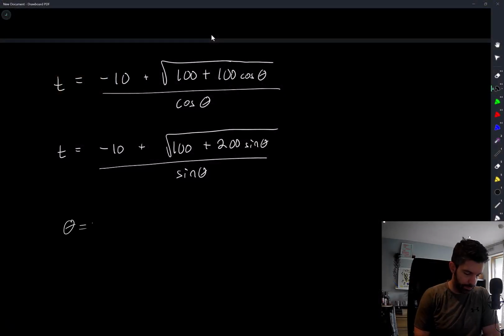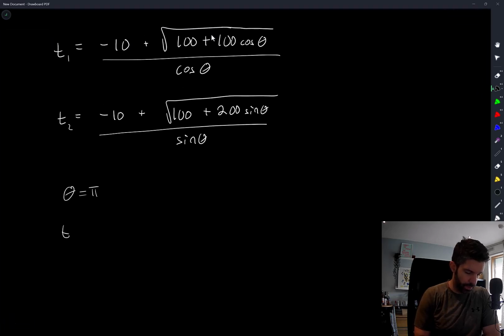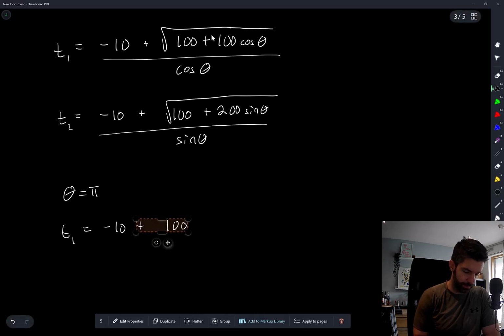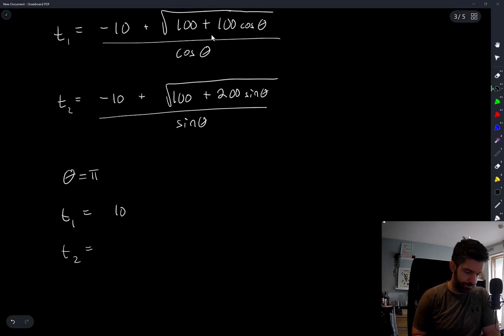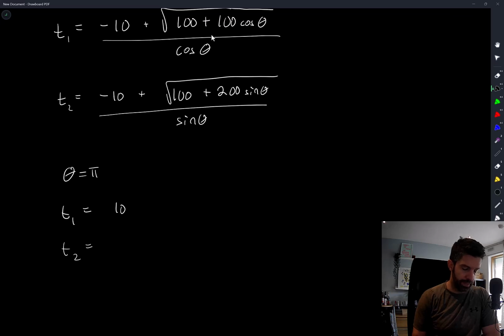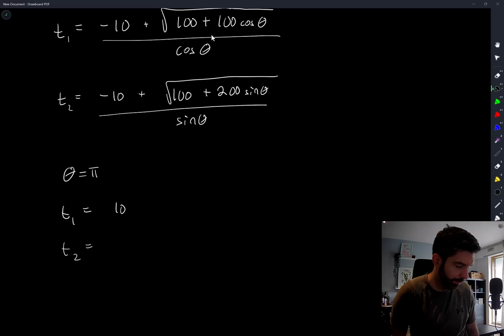So if theta is equal to pi, let's call these T1 and T2. Then T1 is equal to negative 10 plus 100 plus 100 cosine of pi, and cosine of pi is negative 1, so that's actually gone. T is equal to 10. And T2, when theta is equal to pi, I guess, do we have to work this through as a limit or something?